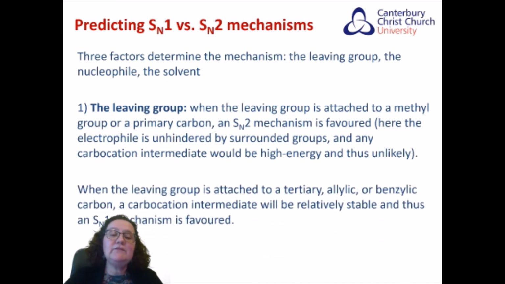If you have a leaving group which is attached to a tertiary or an allylic or a benzylic carbon, something that will stabilize that carbocation intermediate, then that carbocation will be relatively stable, and that will favor an SN1 mechanism, just because you are forming an intermediate of reaction that is more stable, more likely to form.